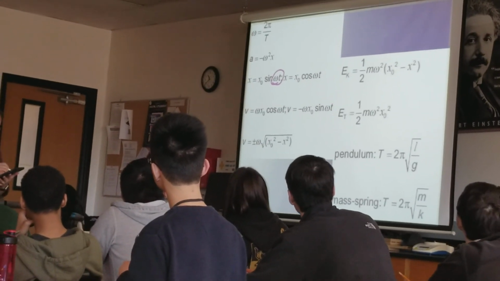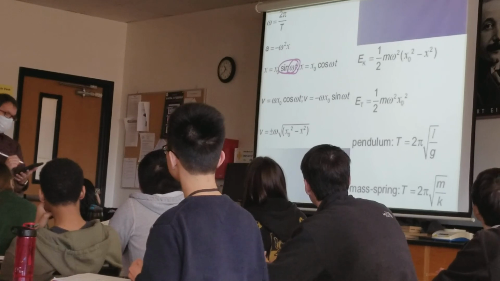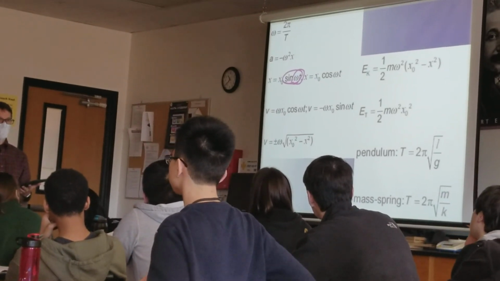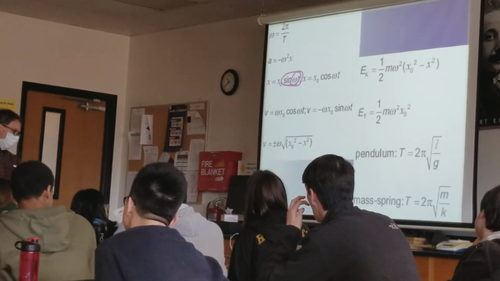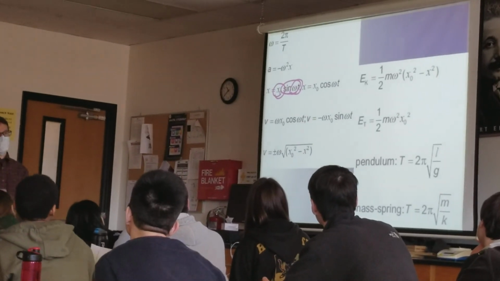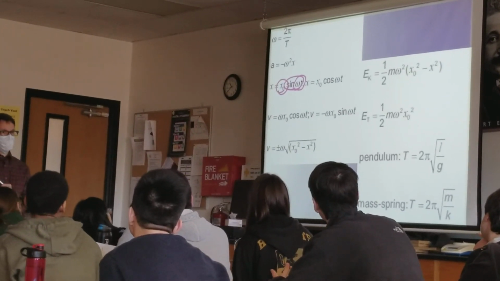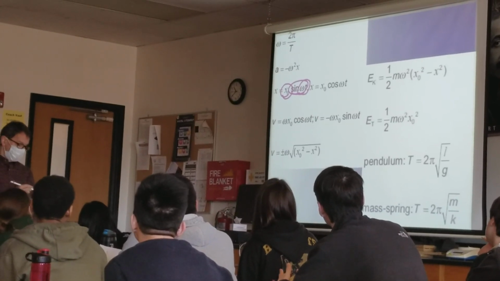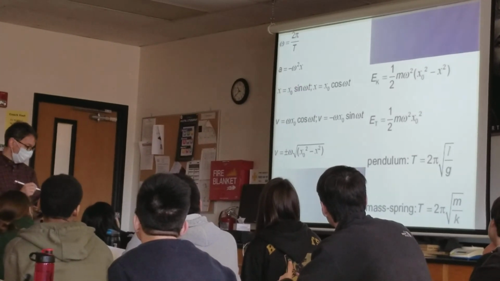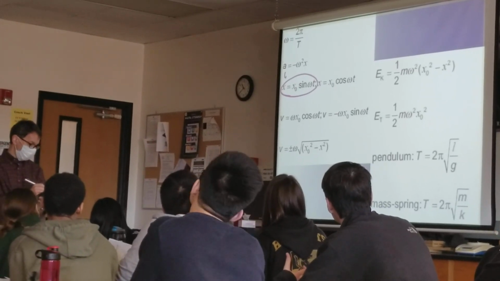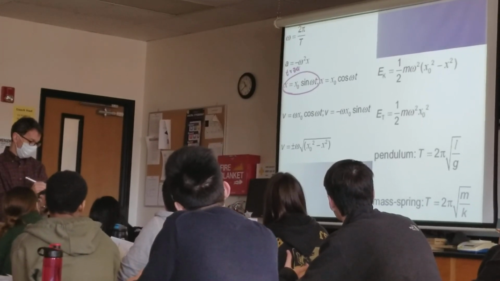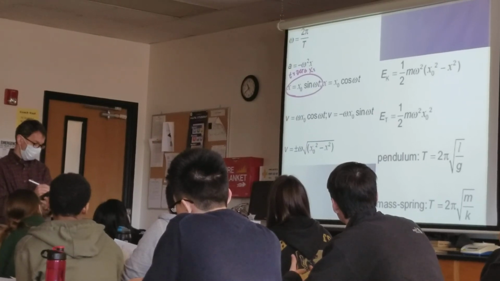Joanne, what do I get for the sine of omega times time? 0. Ashton, what do we get for the amplitude times the sine of omega times time? 0. What this all means is that when we use this equation at t equal to 0, x was equal to 0.